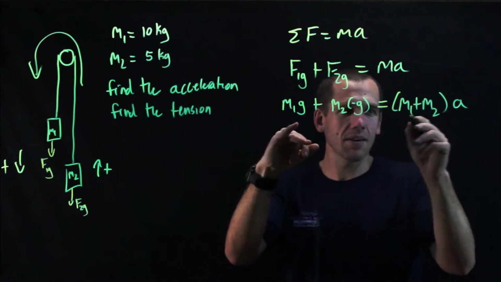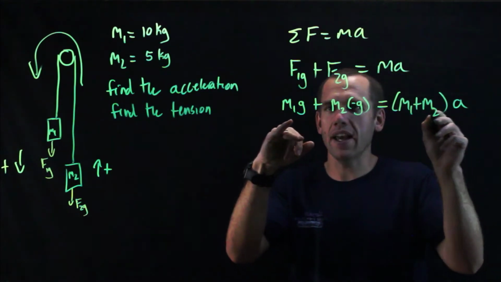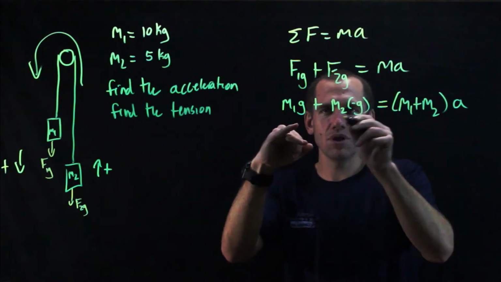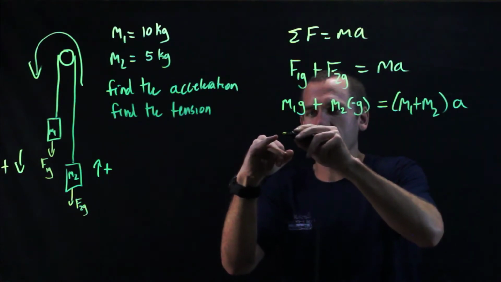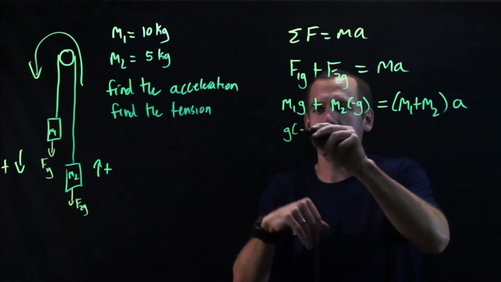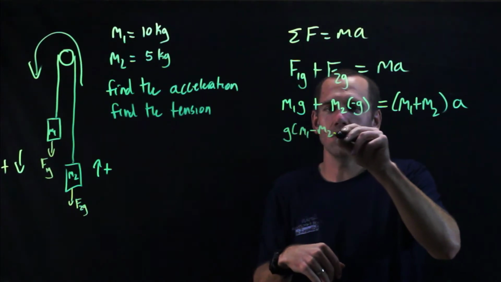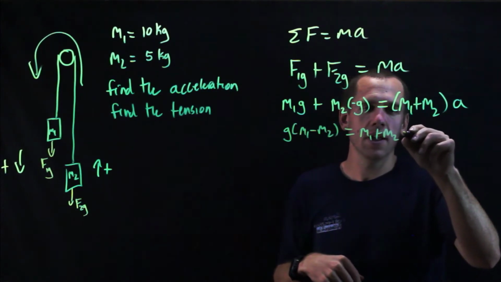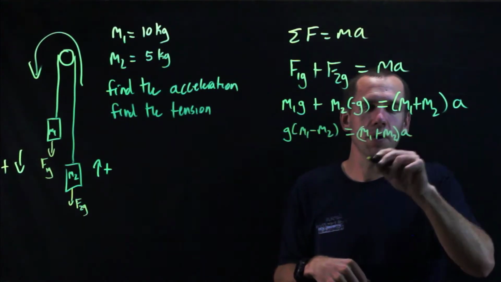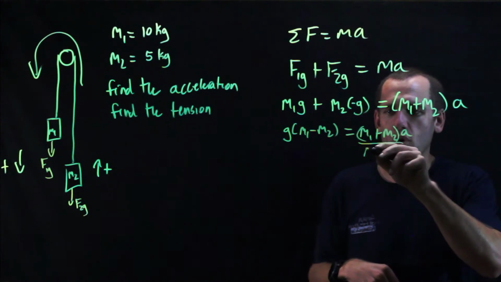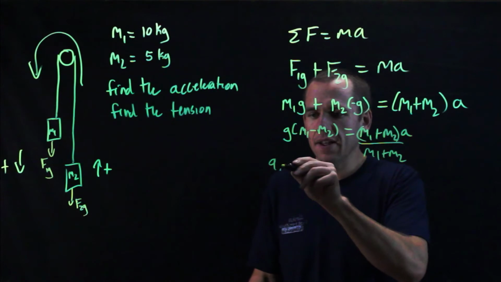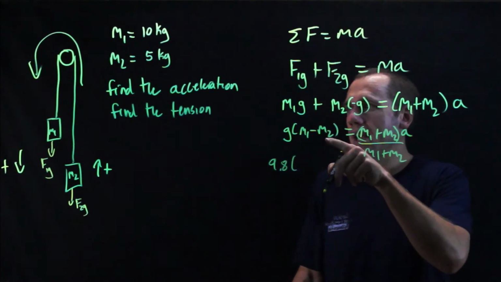So I can start subbing stuff in. I'm not going to yet. I have M1 minus M2 times G. So I'm going to go ahead and pull out that G. I'm going to go G times (M1 minus M2) equals (M1 plus M2) times A. And now I can divide both sides by M1 plus M2. And so I get G, 9.8, times (M1 minus M2).